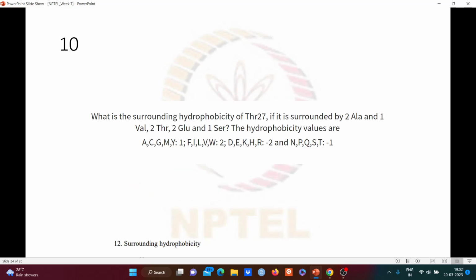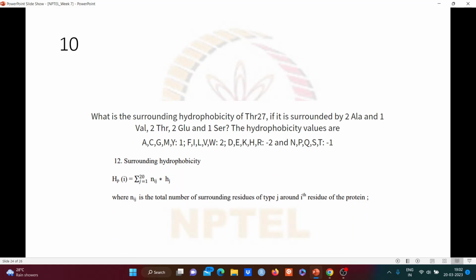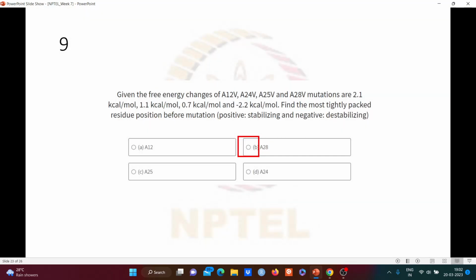So here I was telling that the higher the delta G value, the more tightly packed the residues. When you take an energy input, and here you see in a given question, we have different delta G values that have been given.